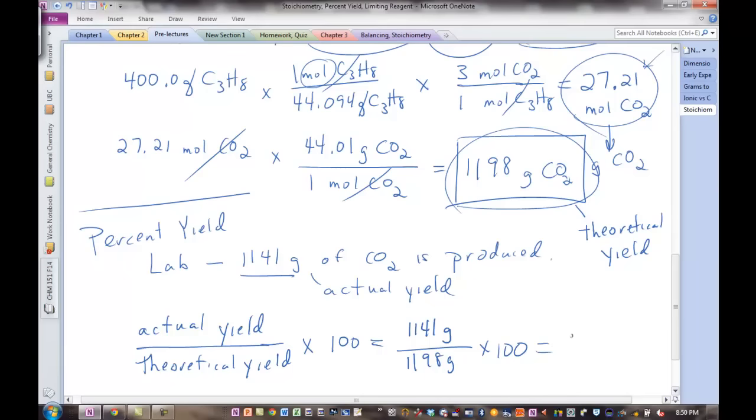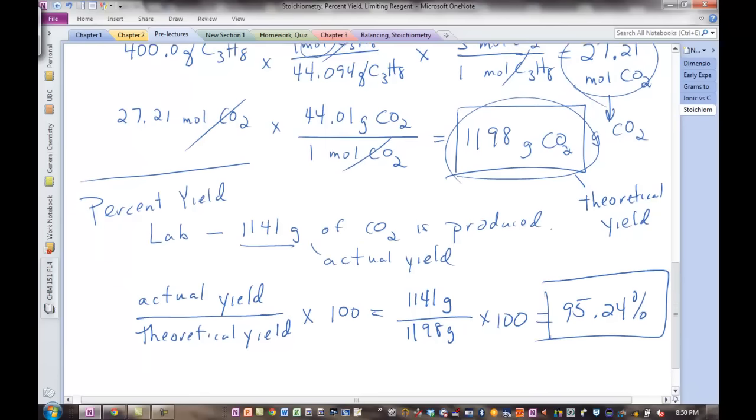And I calculate 95.24% yield. As you'd expect for a combustion reaction, our percent yield is going to be very high. Probably even higher than that, but I was just making up some numbers as we go along.